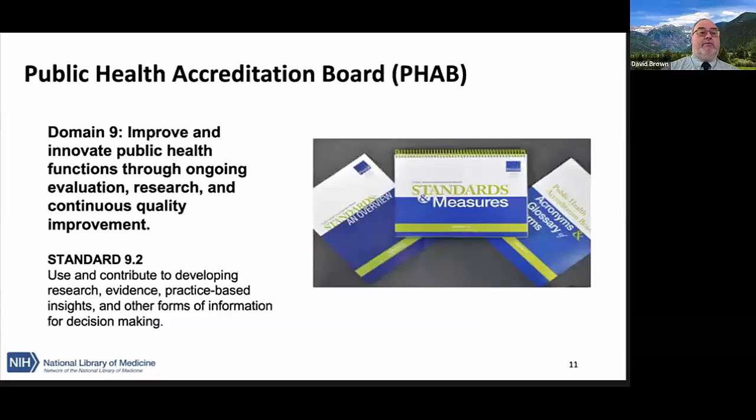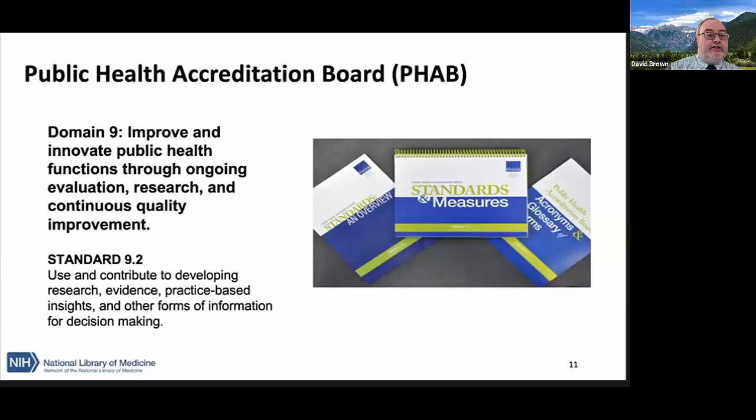This is where, if you are a public health department trying to get accredited, or trying to meet the standards of accreditation from the Public Health Accreditation Board, one of their domains is Domain 9, which is to improve and innovate public health functions through ongoing evaluation, research, and continuous quality improvements.